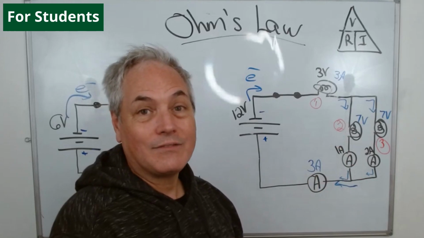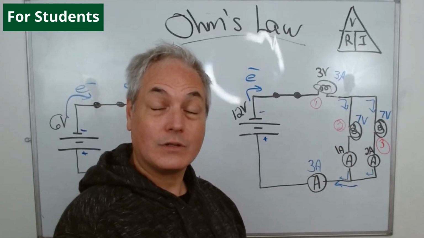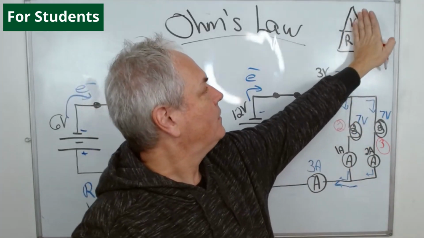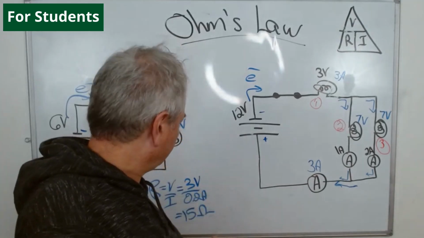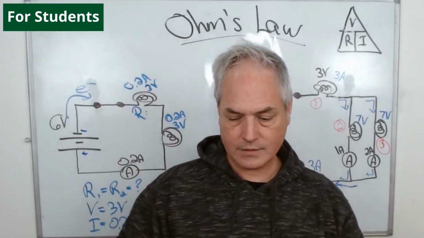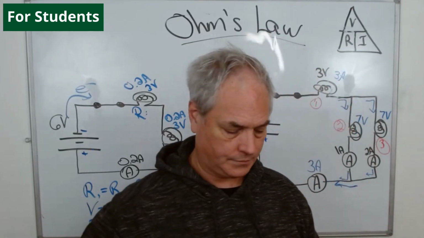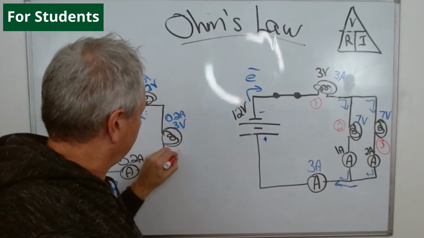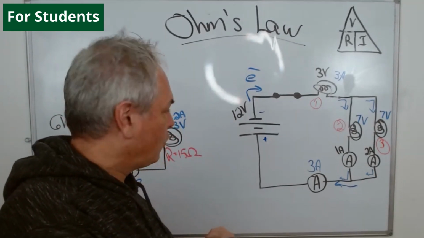So that means that we have 3 bulbs that have different resistance for all of them. Let's see if we can find that out. We're looking for the resistance again. Therefore, it's V over I. Let's see if we can calculate. Let me erase this bit right here. Perfect. We calculated it was 15 ohms.